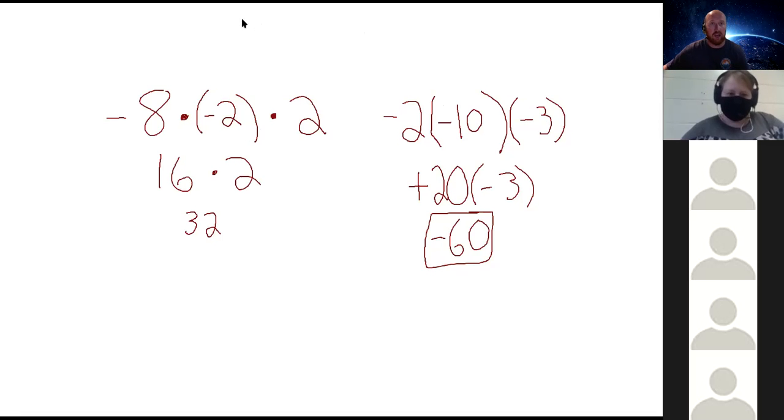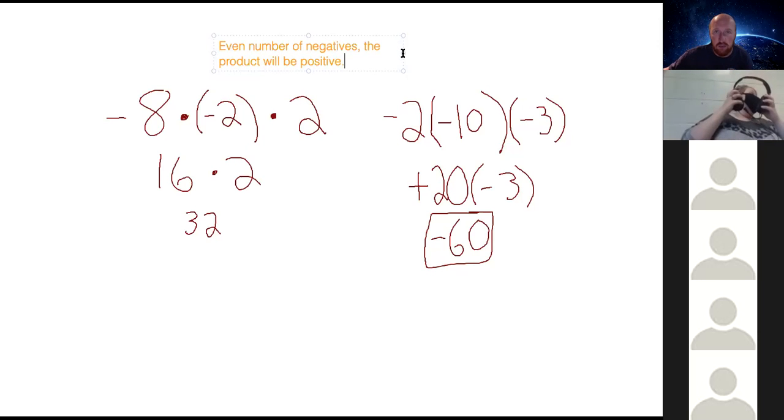that leads us to a rule you're going to want to add into your notes. So if you do not have your notes out, you might want to get them out. If you already have your notes out, you definitely want to add this. If there is an even number of negatives, the product, the answer to a multiplication, will be positive.